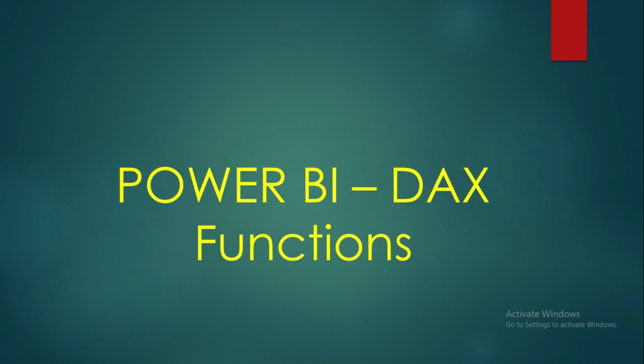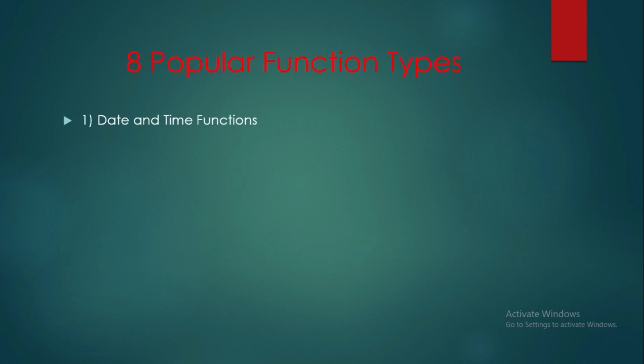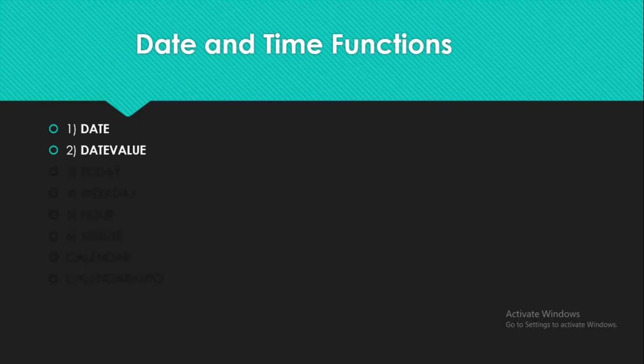In that, we have taken the first one, which is the date DAX function, and discussed 6 different DAX functions: date and date value in one video, which is all about how date and date value differ and what is the use of those two functions, and today and weekday formula. So what the today function is and how the weekday function works, and then in the previous video we discussed hour and minute.